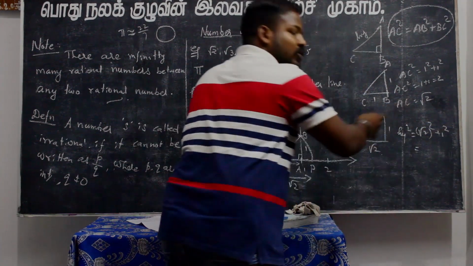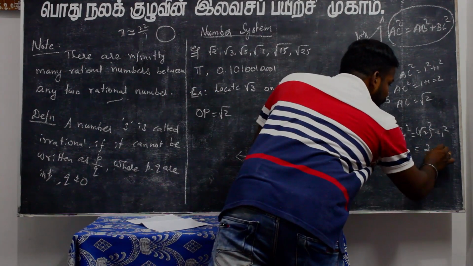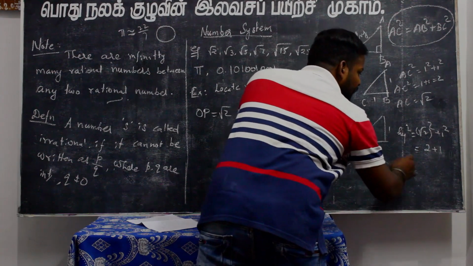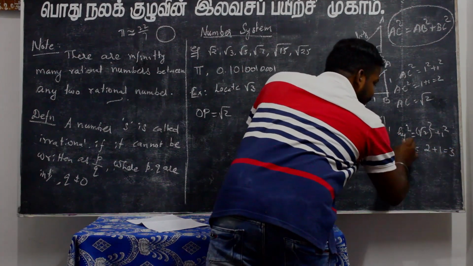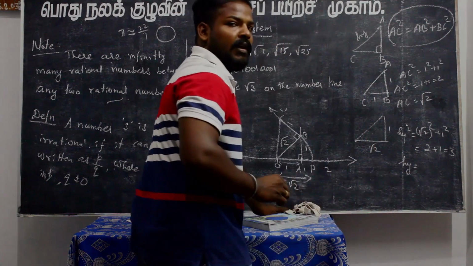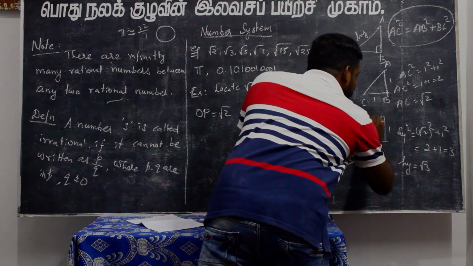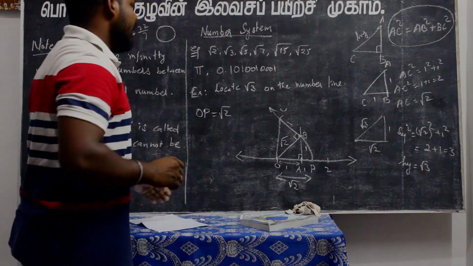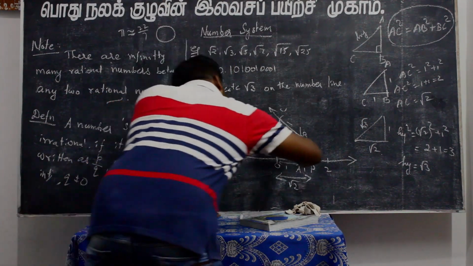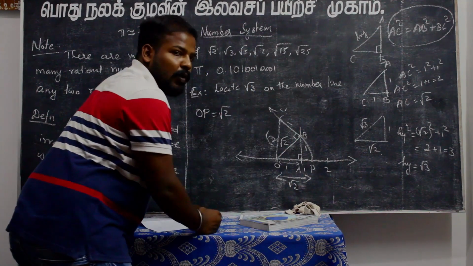Root 2 into root 2 gives 2. 2 plus 1 is 3. So hypotenuse square is 3. Taking the square root on both sides, we get root 3. So the distance OC is root 3.